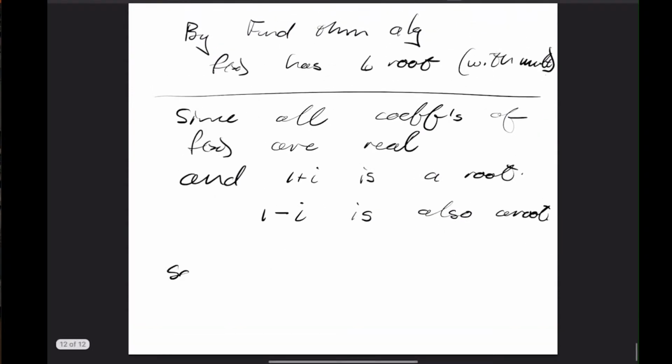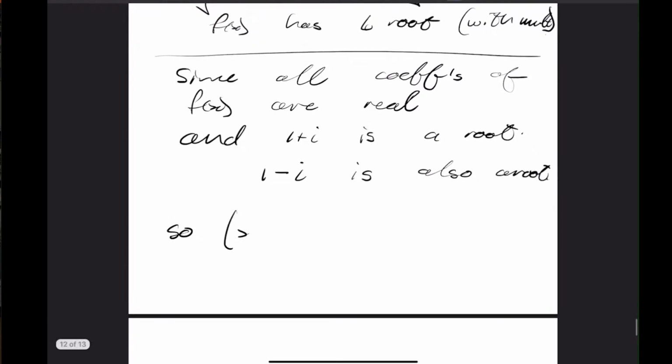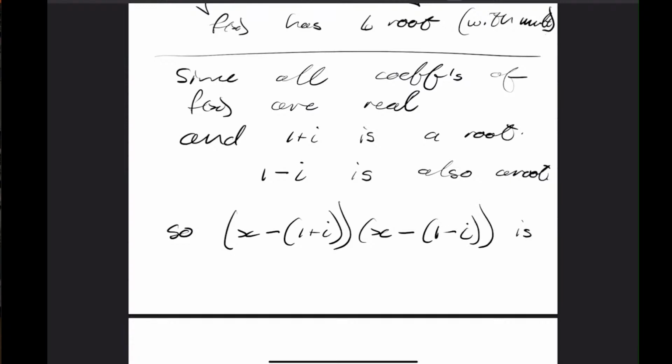So the following polynomial is a factor of f of x: x minus 1 plus i, multiplied with x minus 1 minus i, is a factor of f of x.